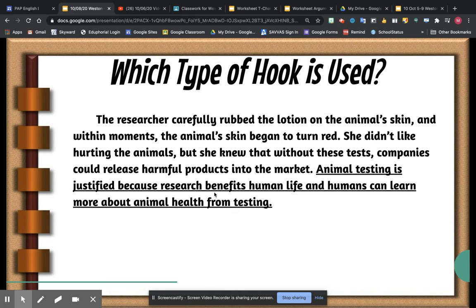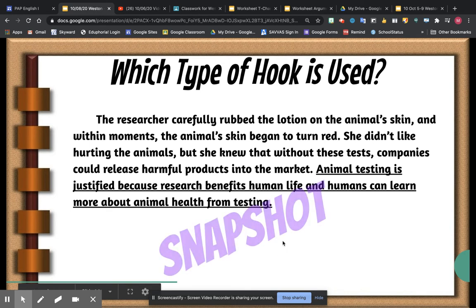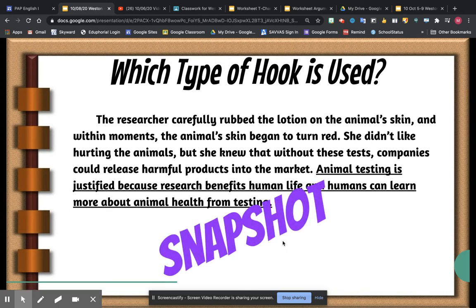Animal testing is justified because research benefits human life, and humans can learn more about animal health from testing. All right, so what kind of hook is being used here? Researchers carefully rubbed lotion on the animal's skin. So that's a snapshot. That's as if we took a picture and we were describing what we were seeing in that picture.